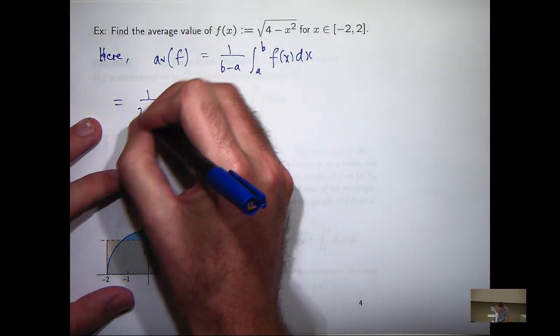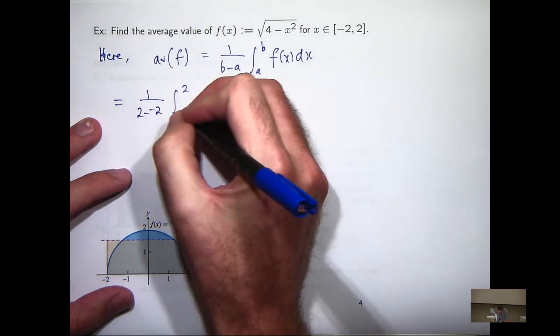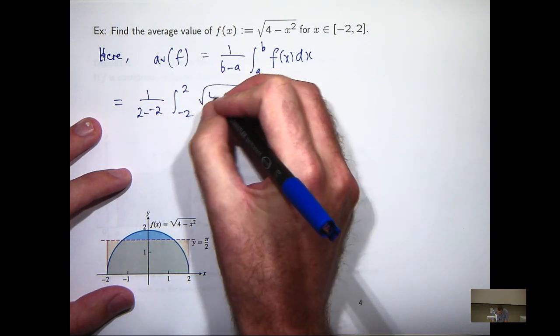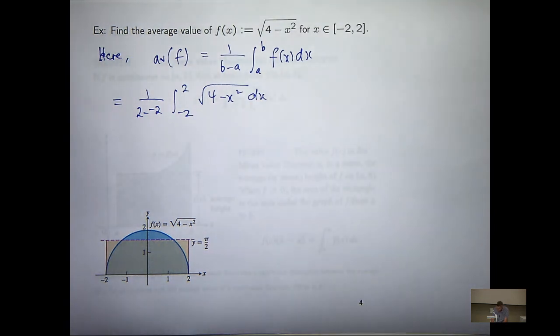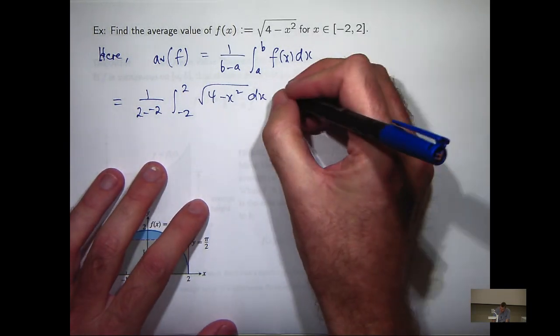All right, so here b is 2, a is negative 2. Now, although our integrand has a square root sign in it, we don't have to be too fancy with substitutions. Can anyone suggest how we might easily evaluate this integral? Just by area, right? It's just the area of a semicircle or a semi-disc. So you don't have to get fancy here.